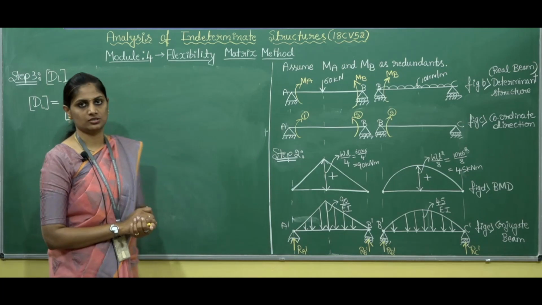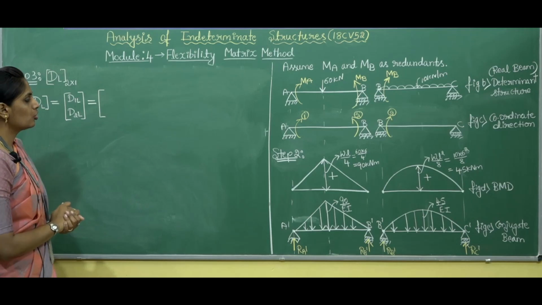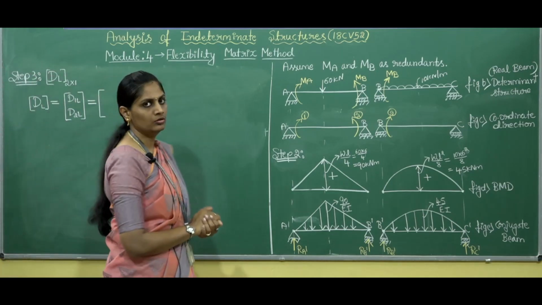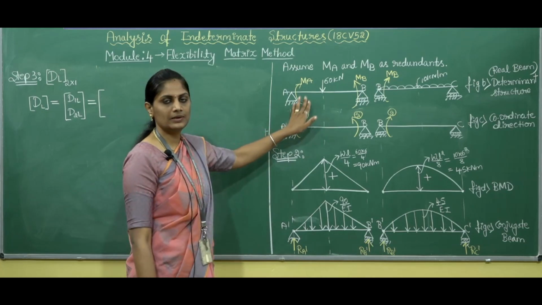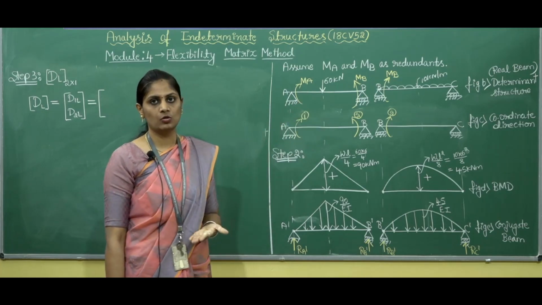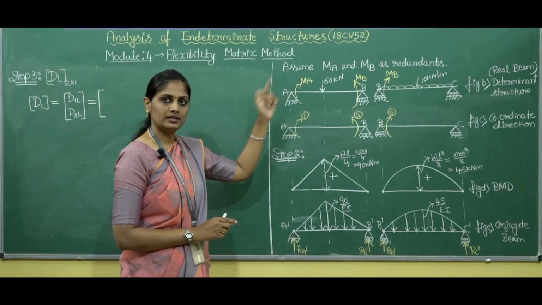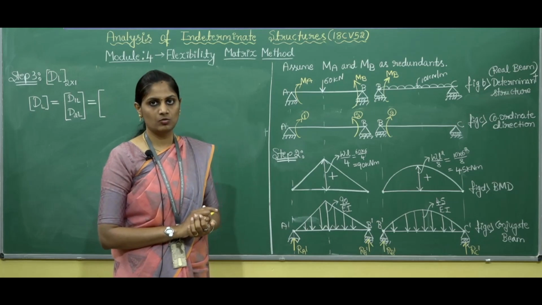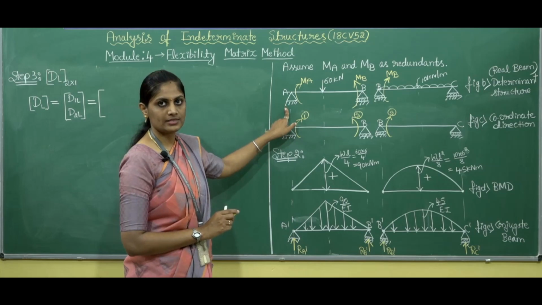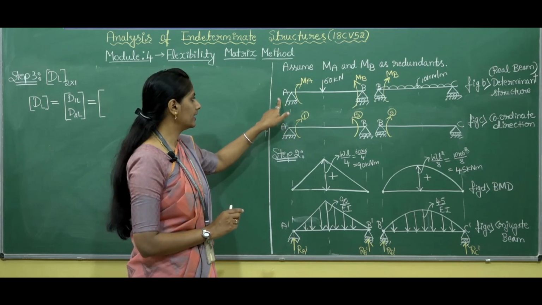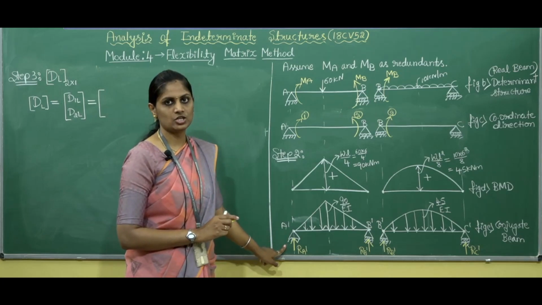applied loading conditions. Since we are using the concepts of the conjugate beam, you all know if you want to know the displacement, since we are applying moments, we'll get the displacement in the form of slope, that is theta. Since moment is the unknown force here, the displacement will be in the form of slope. To find the slope at A, we need to find the shear force at A dash.